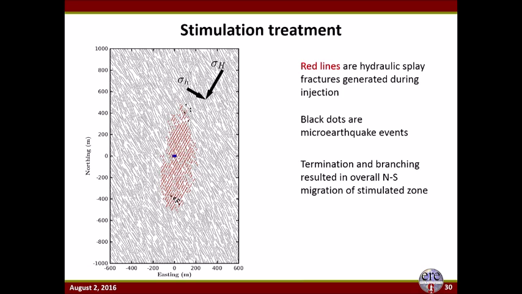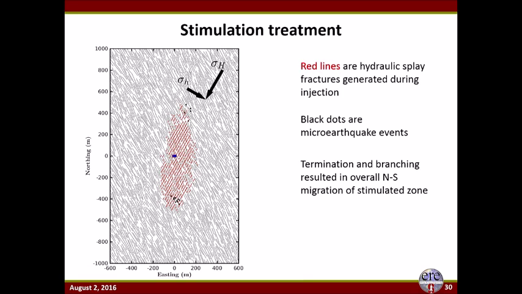And I just want to point out that the idea that fractures are able to terminate against their neighbors was a model assumption here. So fractures were able to terminate 50% of the time. We specified that. The jury is still out in terms of understanding the exact physical mechanisms that control hydraulic and natural fracture interaction.